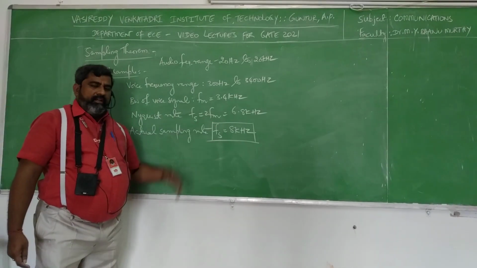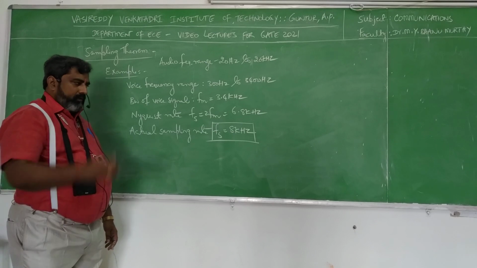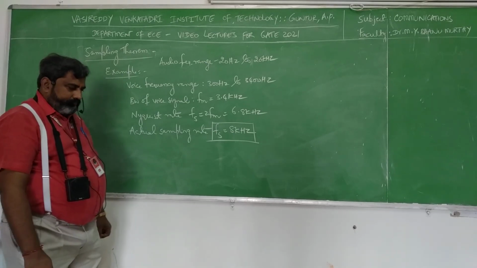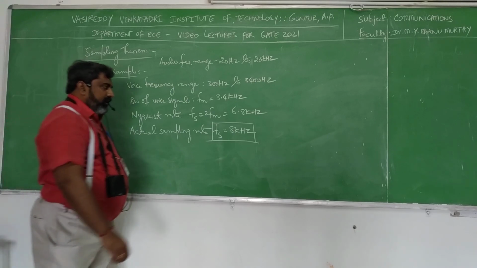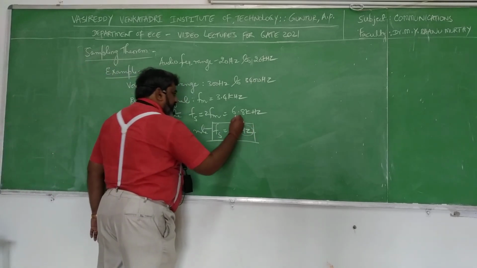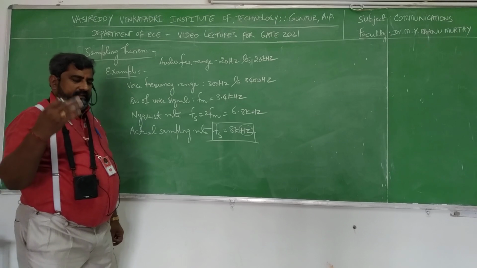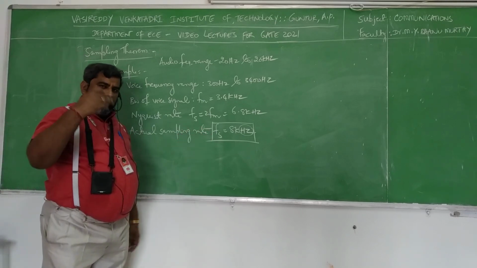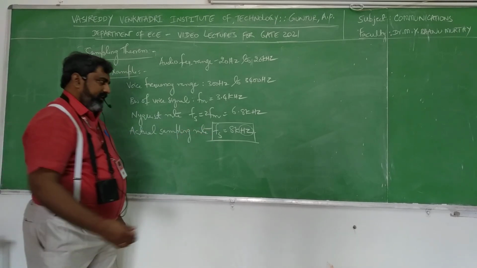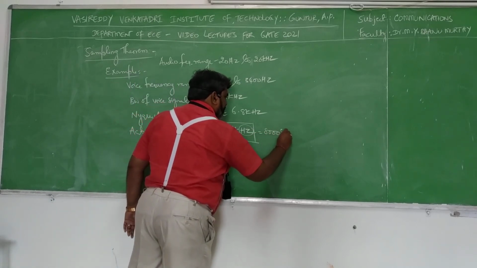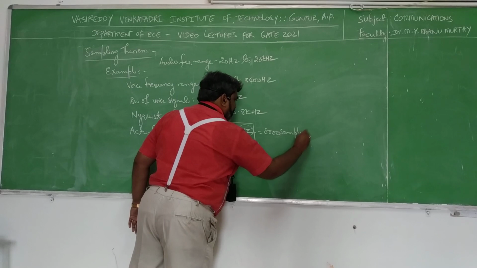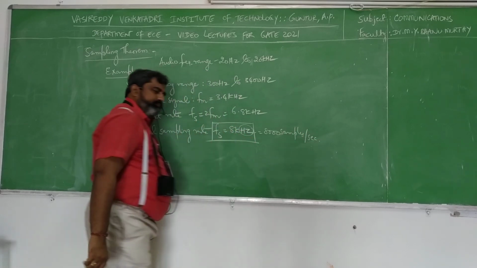So what does this actually mean? Fs can also be termed in terms of samples per second. That means 8 kHz translates to 8,000 samples per second.